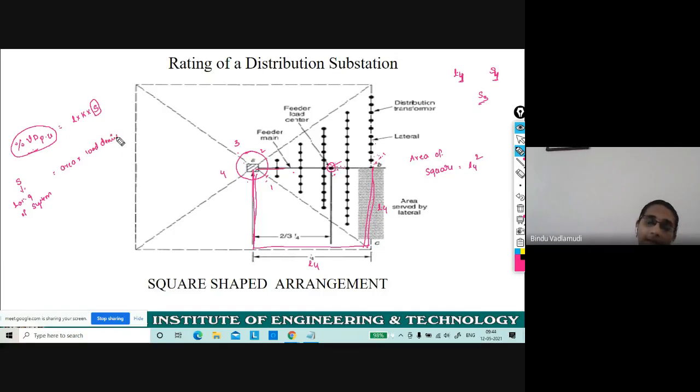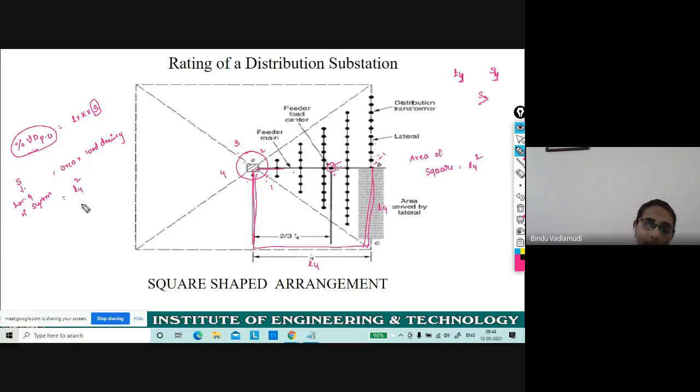The rating of the system is equal to the area covered times the load density of that area. Is there anything wrong if I write like this? So what is the area value? Can I write it as L4 square?